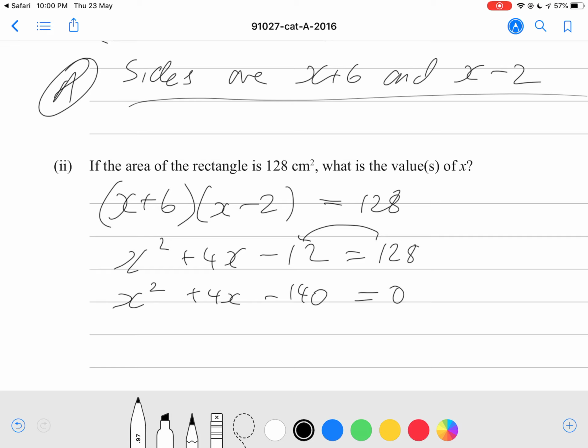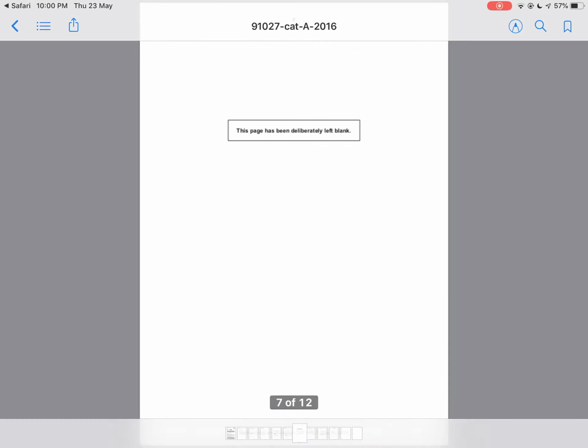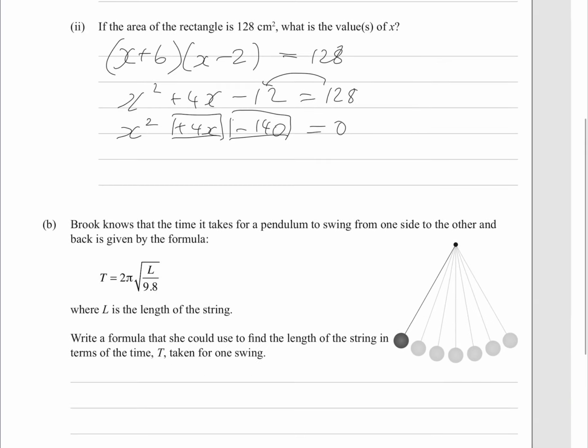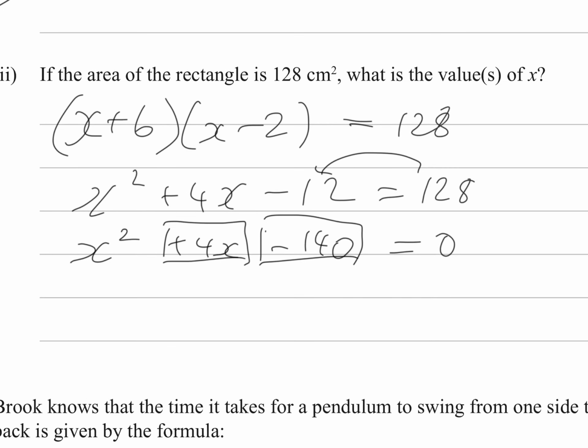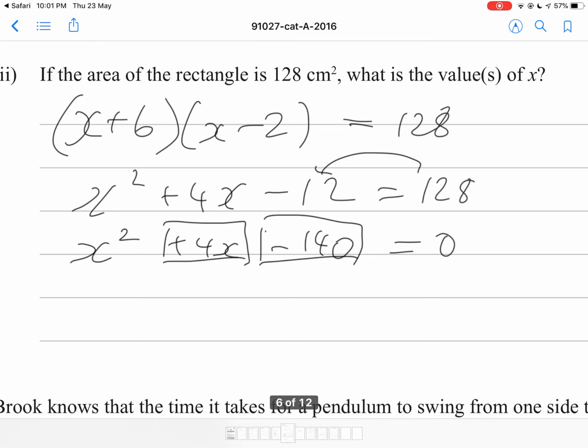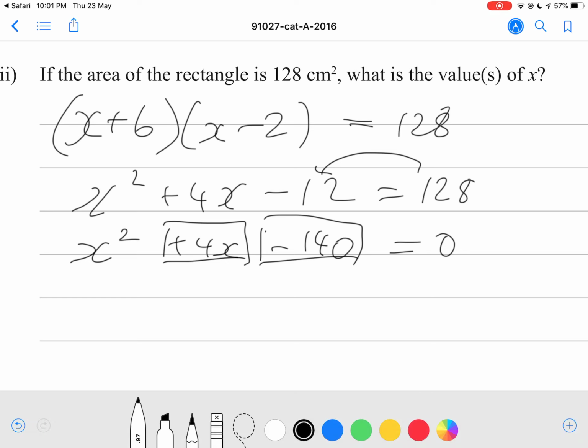Okay. So basically, what multiplies to negative 140 and adds to positive 4? Sorry, that should be positive 14 and negative 10, I think.